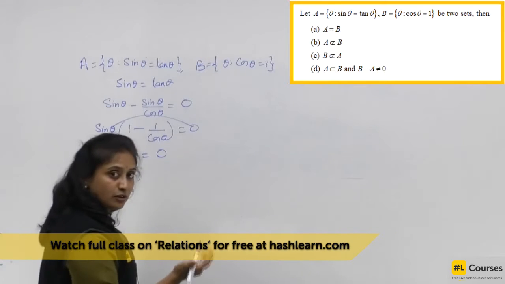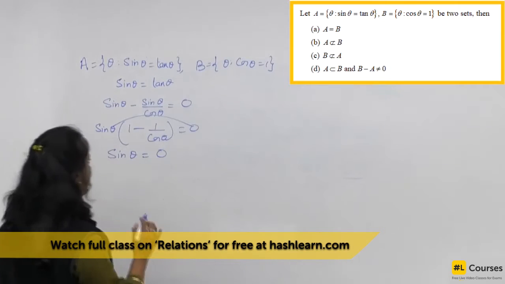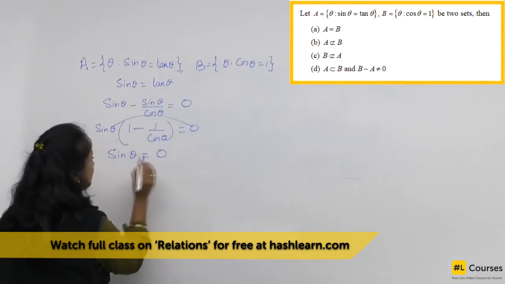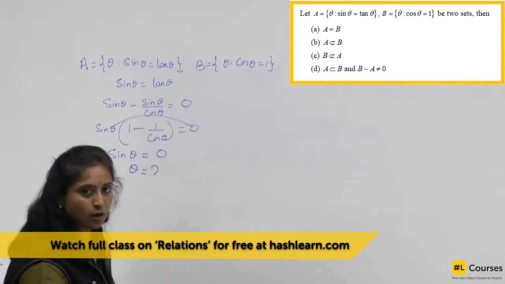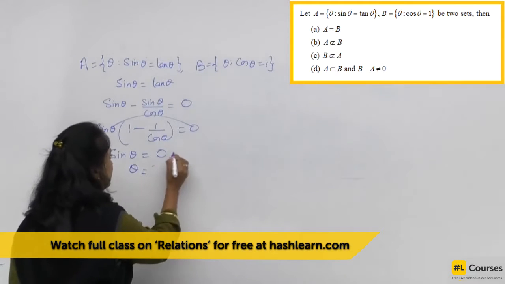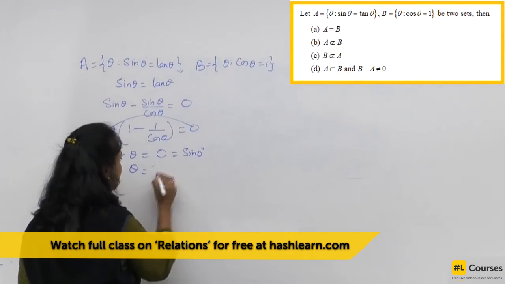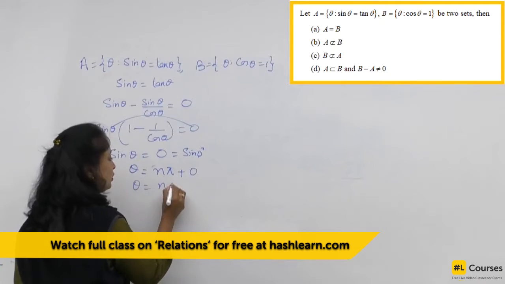Now how do you write the general solution? You have learnt in first PU, in the 11th standard, that here sin theta is equal to 0, theta is equal to n pi plus or minus alpha, where alpha is nothing but sin 0 degree. So n pi plus 0, which means theta is equal to n pi.